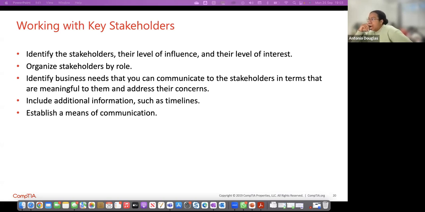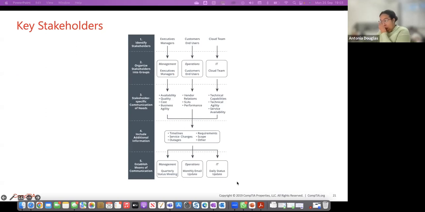Yeah, really important to identify your key stakeholders. Let's have a look. So we've got as key stakeholders your cloud team, customers, end users, and the executive managers, who will ultimately make the decisions about the organization.